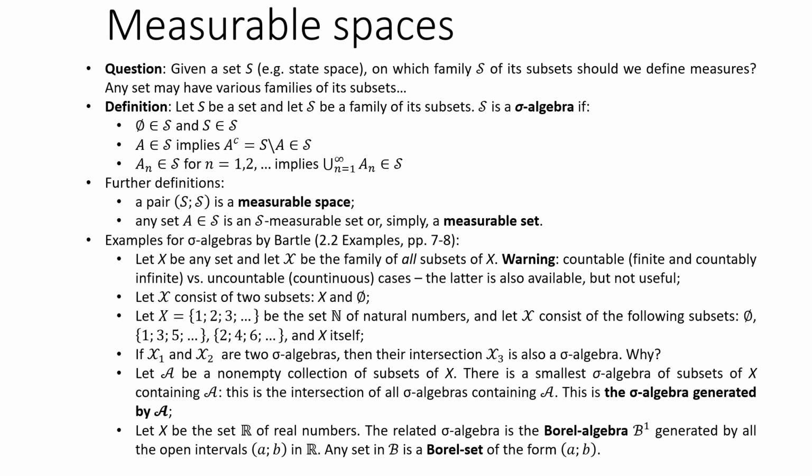The first one is interesting because we have a set X, and a sigma-algebra that consists of all the subsets of X. Here we have a conflict I want to highlight, because if the set is countable, then it's no problem to define the sigma-algebra consisting of all the subsets of X.